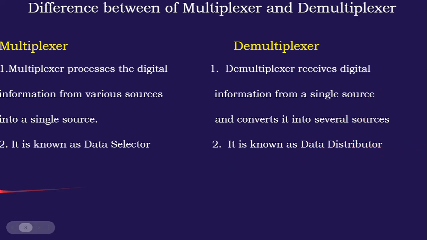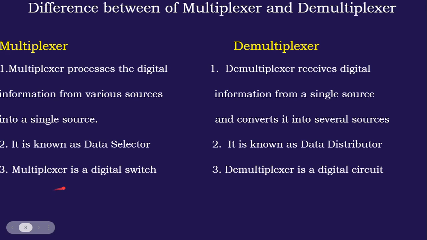It's a distributor. A multiplexer is a digital switch because it switches from many to one, whereas a demultiplexer is a digital circuit. A switch changes from one position to the other position. It's toggling, but a demultiplexer is a circuit.